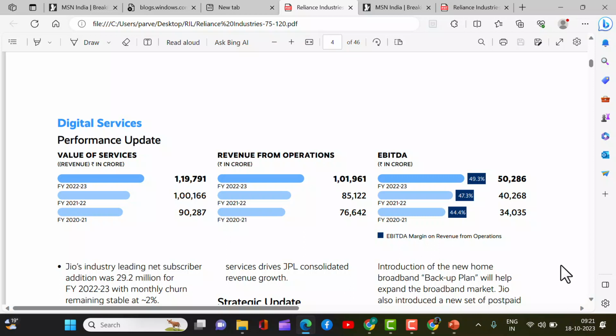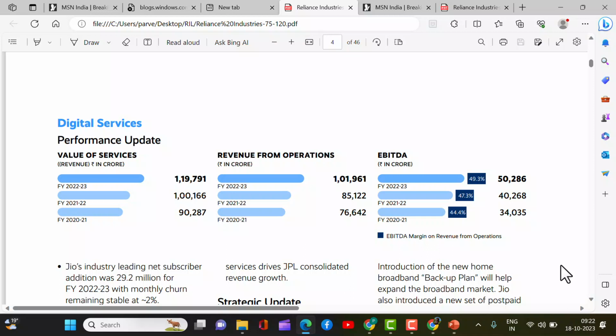So now, Jio Industries' leading net subscriber addition was 29.2 million. Last year, from April to March, they added 29.2 million, which is roughly 2.9 crores of subscribers, with a monthly churn remaining stable at 2%.